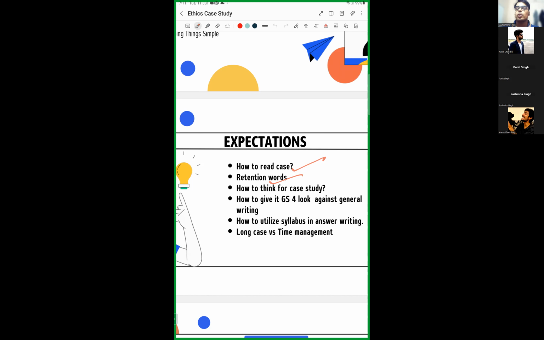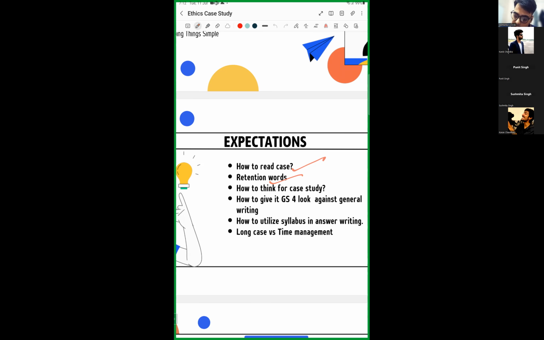If you don't write your stakeholders anywhere, not even in your mind, you will not be able to generate points from them. You might lose a very important person, character, or institution while solving the case. So if you're not writing stakeholders in your answer booklet, it's completely fine, but make sure that you write them somewhere, it might be the question paper.